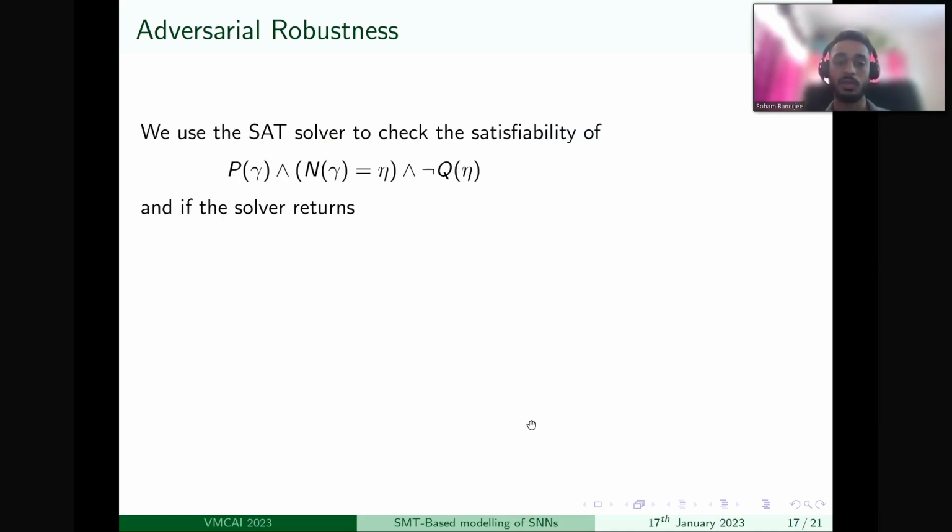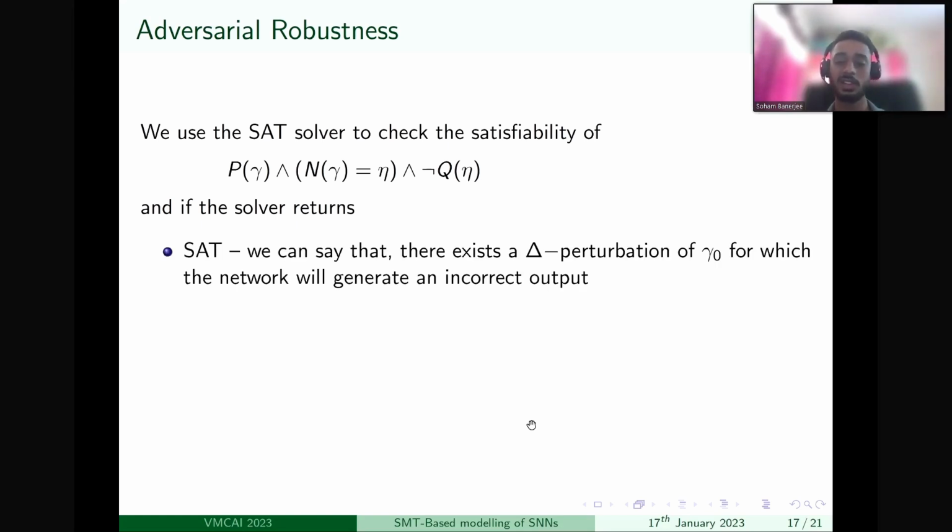Now, what we can do is take the encoding of the input property, along with the negation of the encoding of the output property and the encoding of the neural network that we had, and create a large conjunction of LRA and then give it to a solver. If the solver returns SAT, we can say that there exists a delta perturbation of gamma naught for which the network has generated an incorrect output, which means the network is not adversarially robust against delta perturbations.